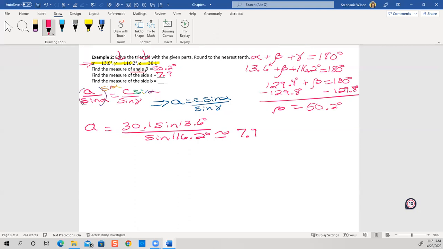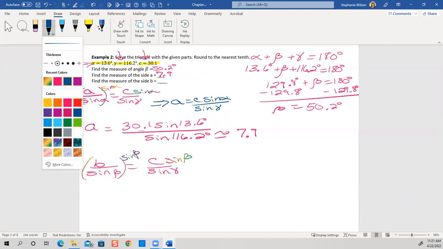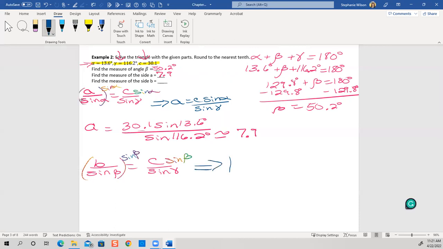Now let's solve for B. So I'm going to take B over sine of beta and set it equal to C over sine of gamma. And we're just going to solve for B by multiplying by what B has been divided by to get it out of that fraction. Rewrite it, clean it up, and plug in what we know.